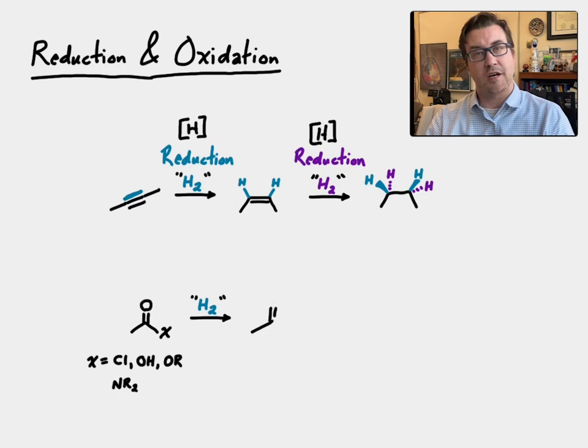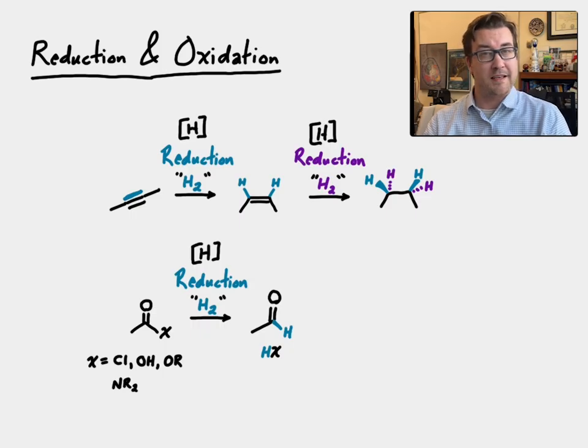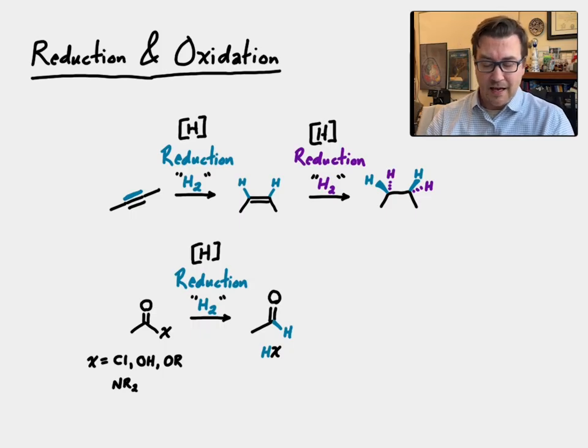You can reduce a carboxylic acid by effectively adding H2 across that bond, and that will give you an aldehyde from that carboxylic acid. You'll note that you also end up with the equivalent of HX, where that X could be an OH, so you'd wind up with an equivalent of water in the case of a carboxylic acid. And so that's where the second hydrogen is going here.